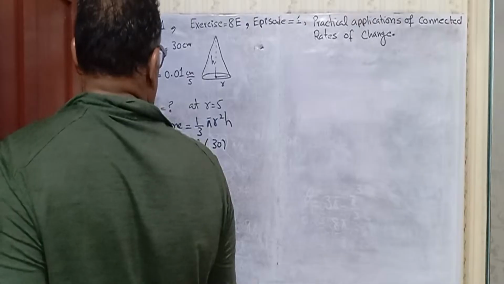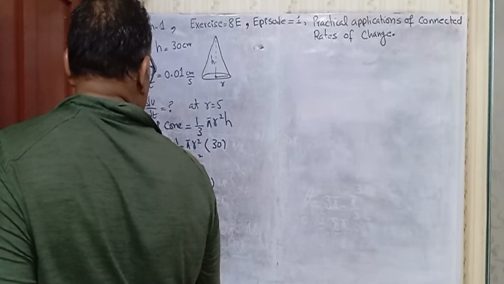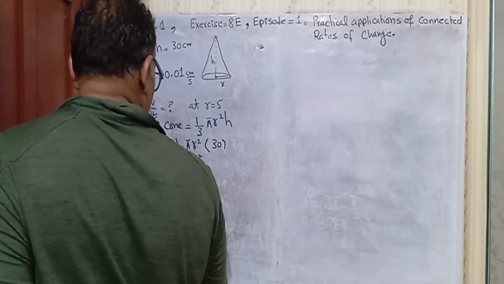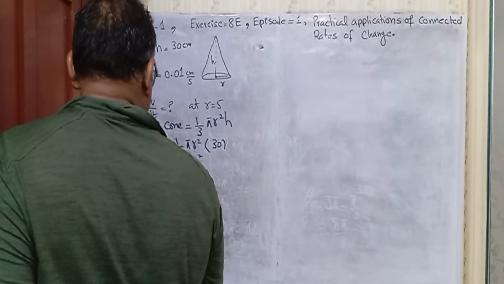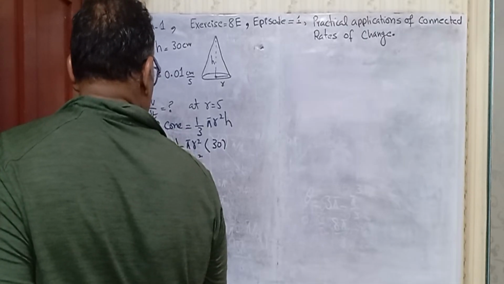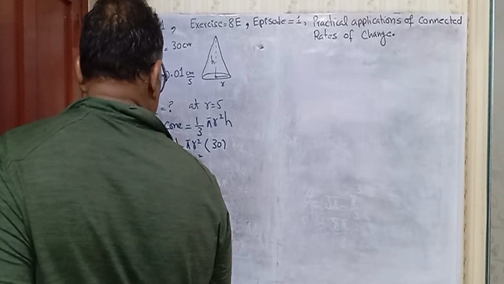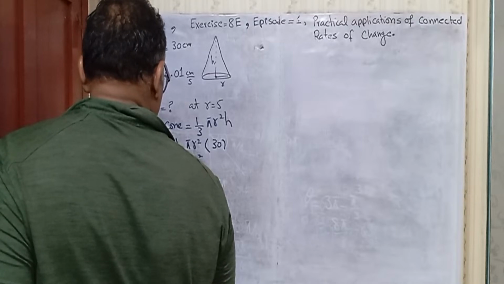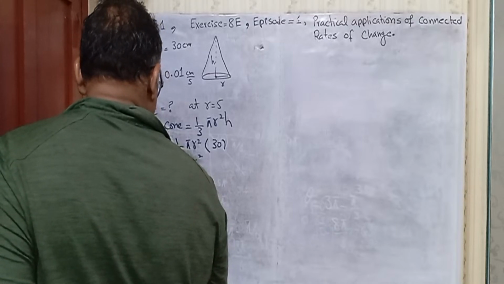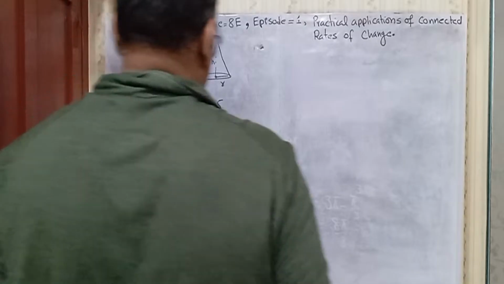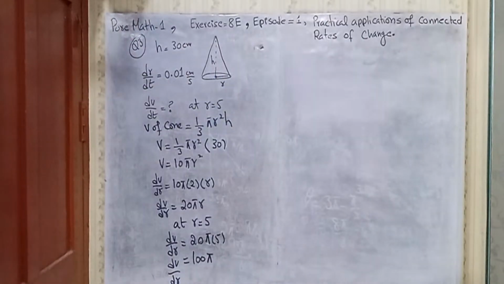The value of r is given, so at r equals 5, dV by dr equals 20 pi times 5, which is 100 pi.